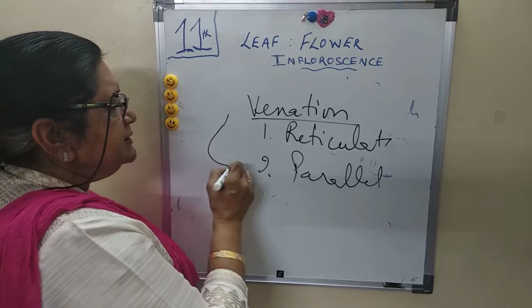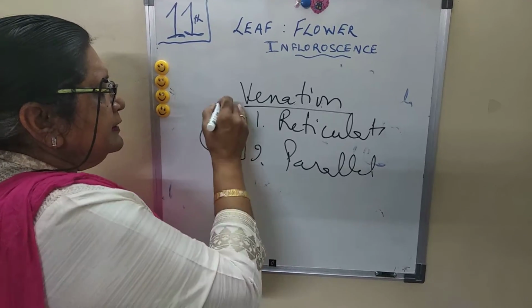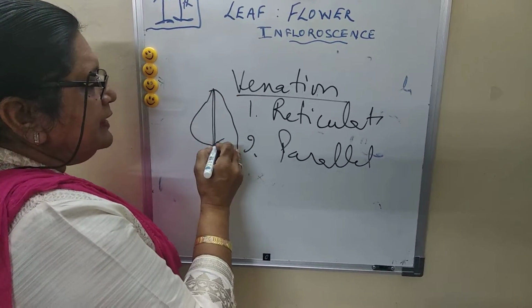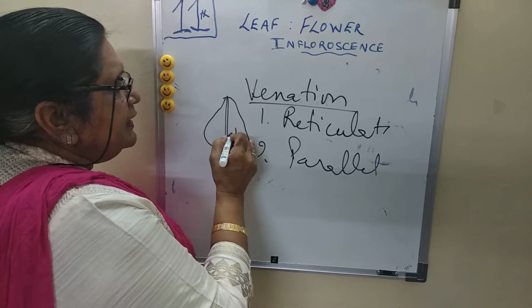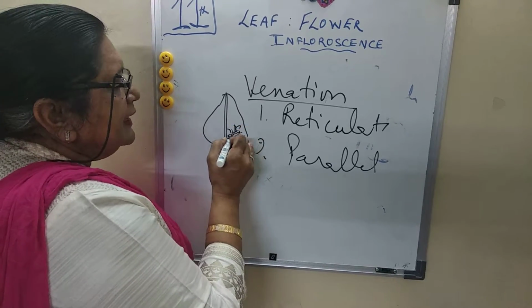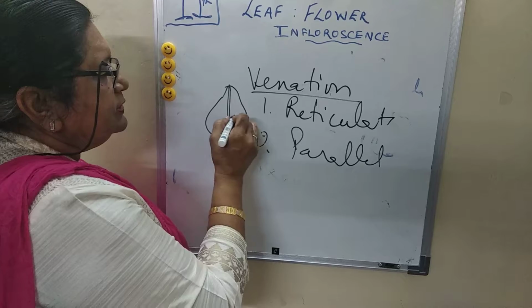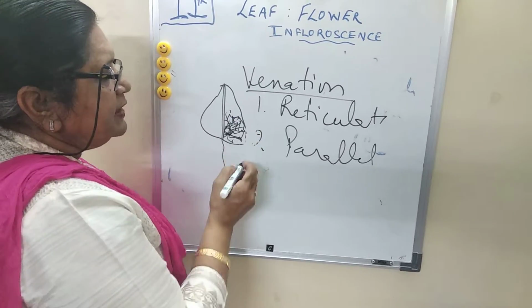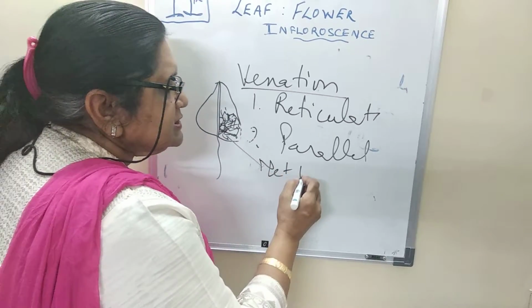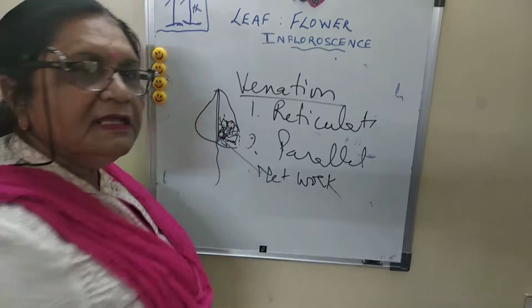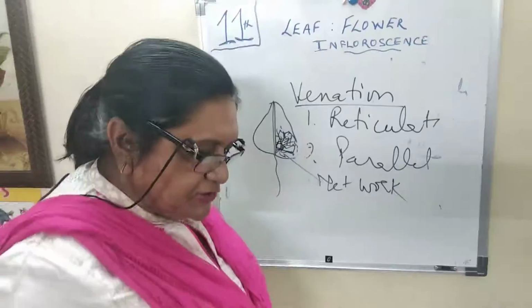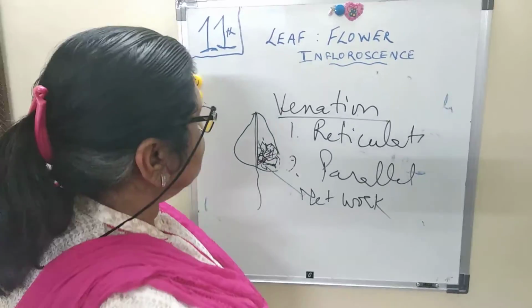Reticulate means the veins form a network structure. Network structure is the reticulate, and it is a main feature of all the dicots.